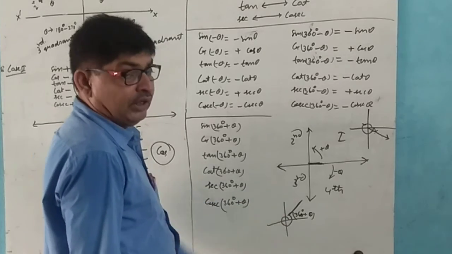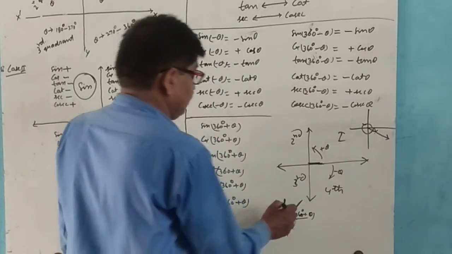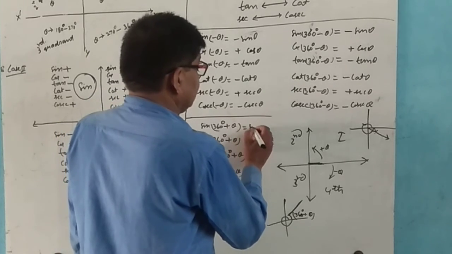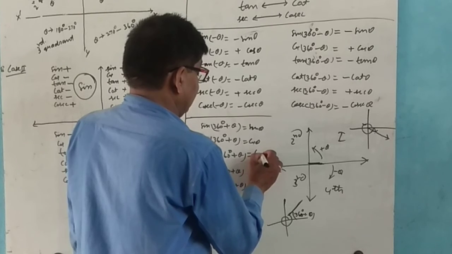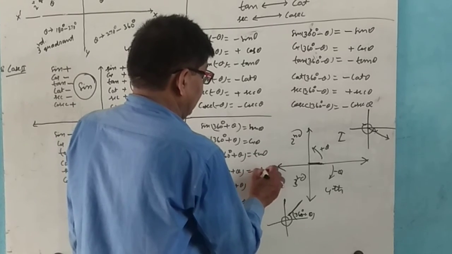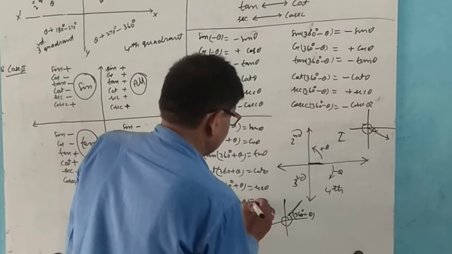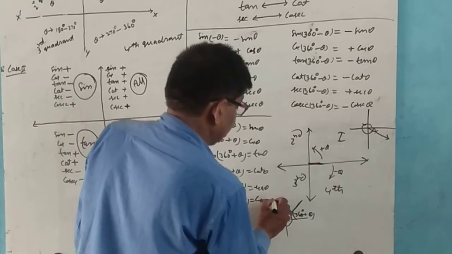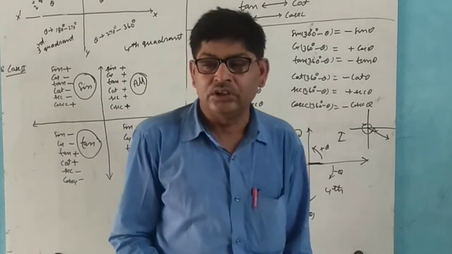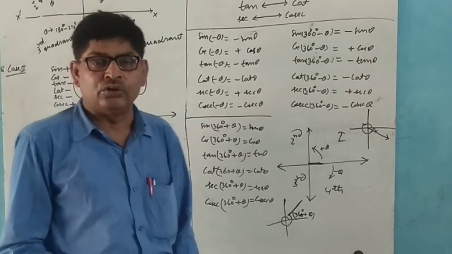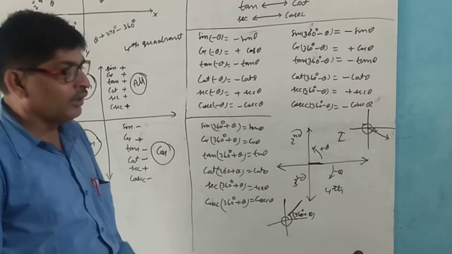Now it is the first quadrant, and in the first quadrant all are positive, so this is sin theta, this is cos theta, tan theta, cot theta, sec theta, and cosec theta. And with the help of this, we calculate this, and now with the help we calculate another part.